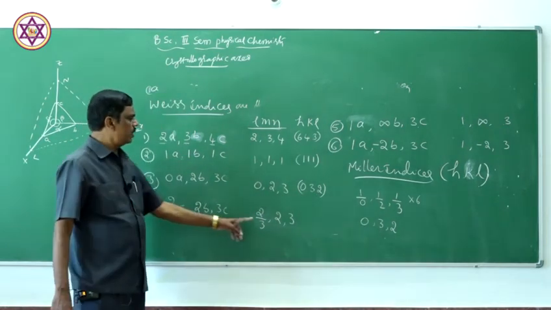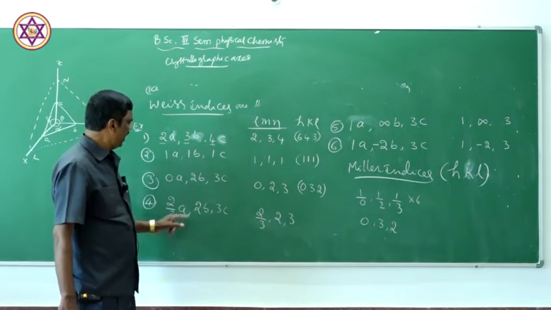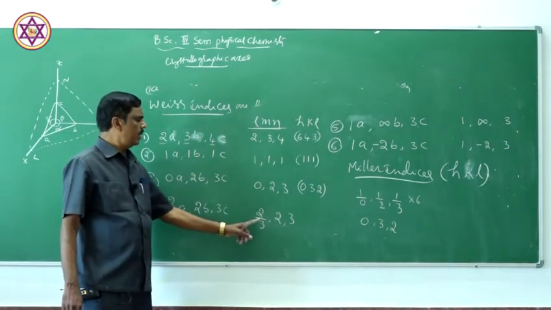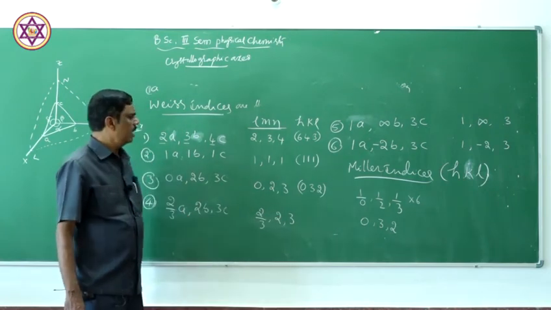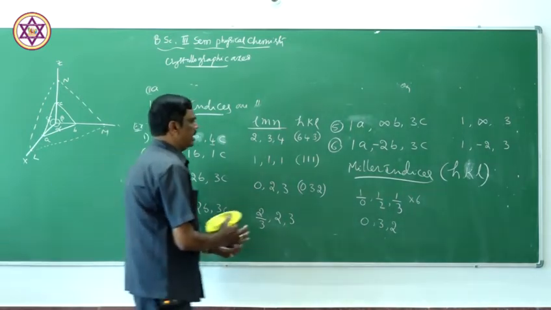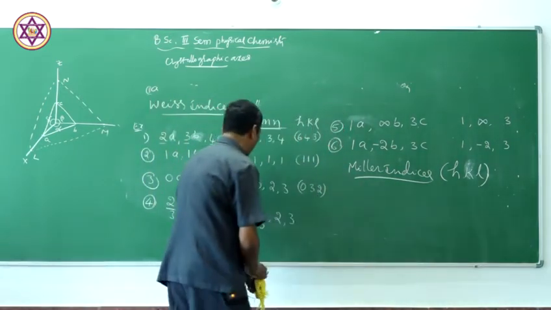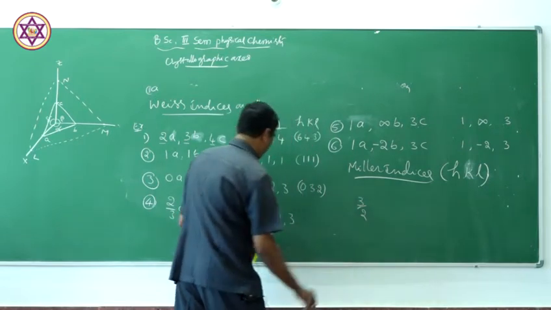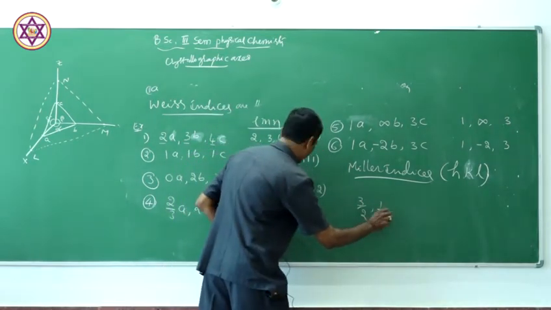In some cases, there is a fraction: 2 by 3 A, 2 B and 3 C. Which indices? 2 by 3, 2 and 3. Convert that into Miller indices. To convert that into Miller indices, you take the reciprocal of this. Reciprocal of 2 by 3 is 3 by 2 and reciprocal of 2 is 1 by 2.